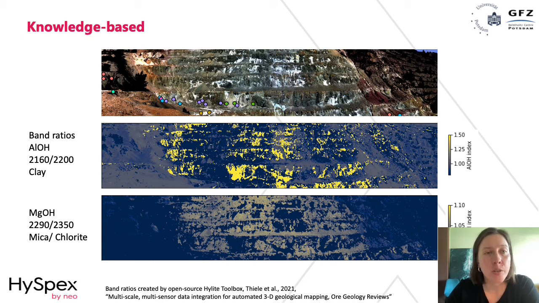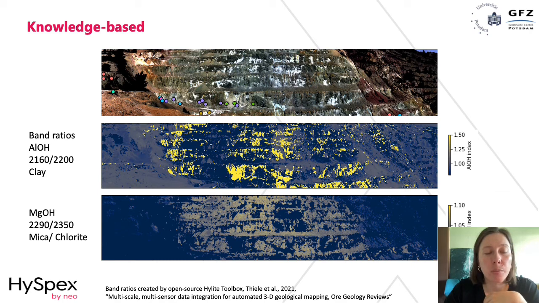And from the knowledge-based aspect, we're looking at a very simple aspect, which is the band ratio approach, which means we know that the absorption band for clay or for kaolinite is located in the region of 2,160 to 2,200 nanometers, and we're doing a band ratio there, and then we're looking also at the MgOH absorption feature, which here is important for the occurrence of mica and chlorite.